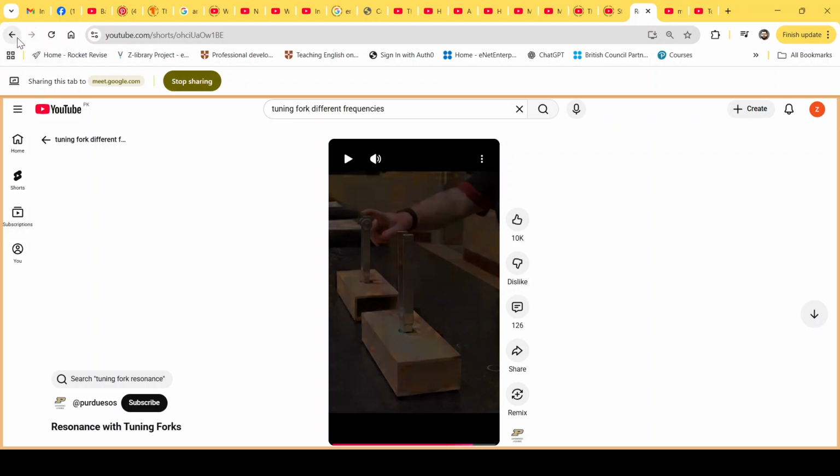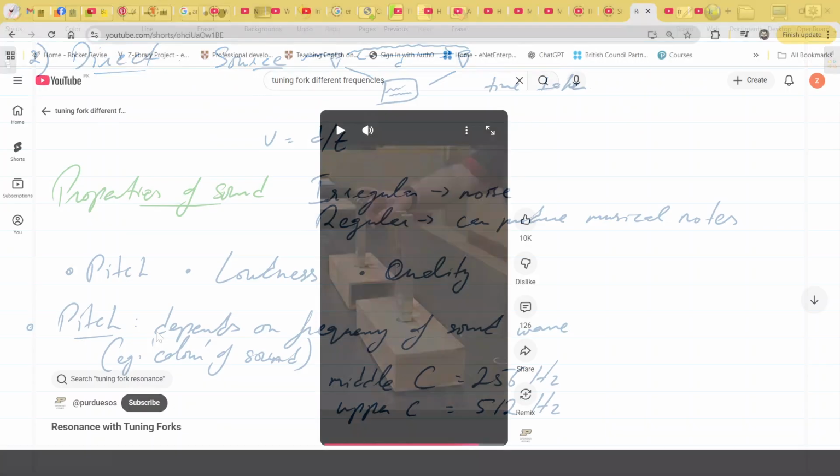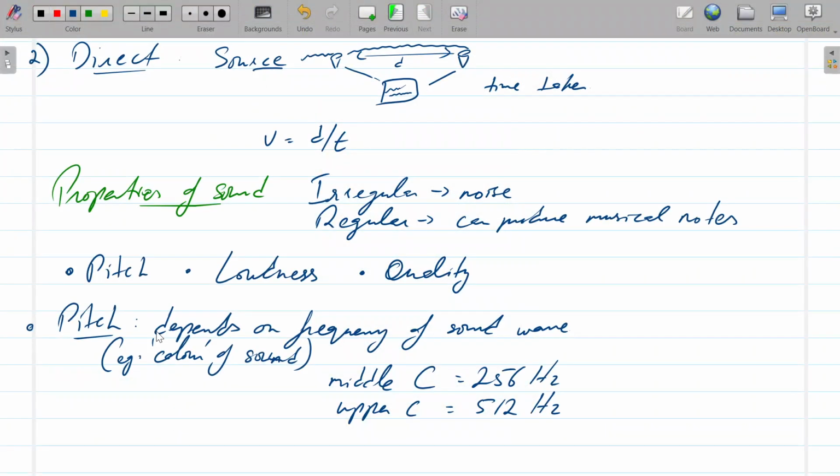I wasn't able to find one with the time I had. If I do, then I will share it with you later. So that's just an example of a tuning fork, which is an instrument that can have a fixed frequency or can be adjustable, having different frequencies.